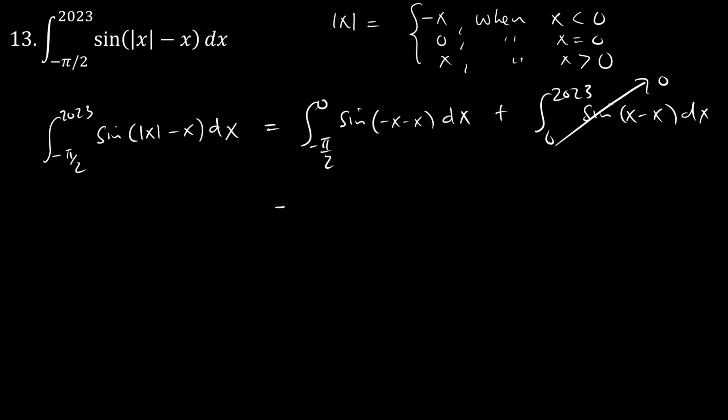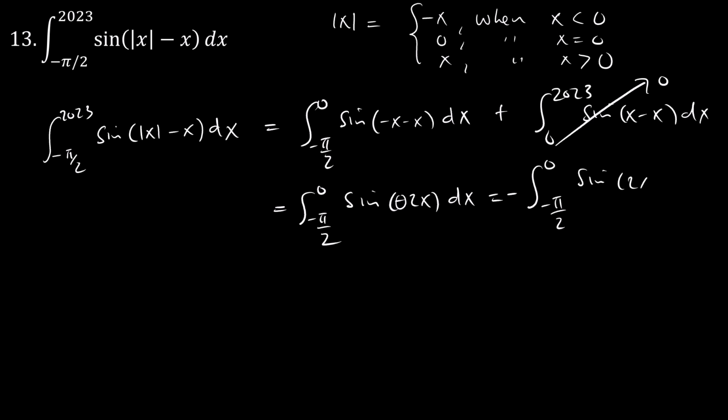So our main focus is this definite integral from x equals negative pi over 2 to 0 of sine of negative 2x, which is the same as, this negative propagates out, and so we have negative the integral from x equals negative pi over 2 to 0 of sine of 2x.